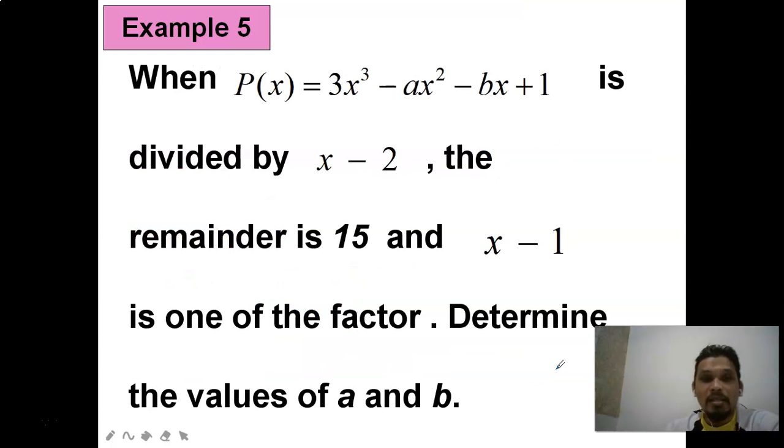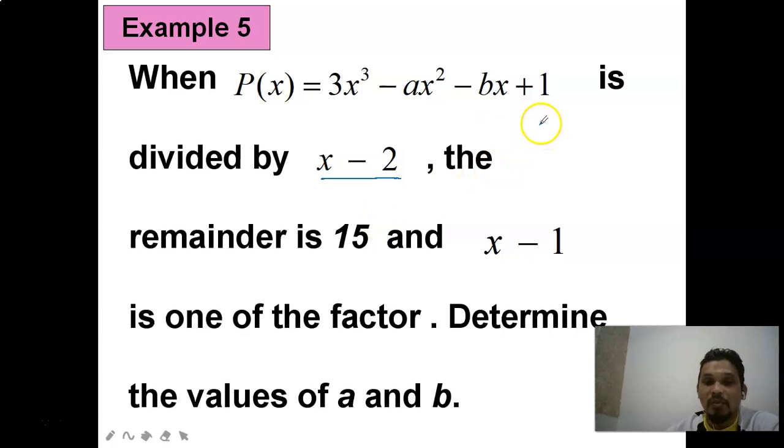Okay, then next question here. When P(x) equal to 3x cubed minus ax squared minus bx plus 1 is divided by x minus 2, the remainder is 15.